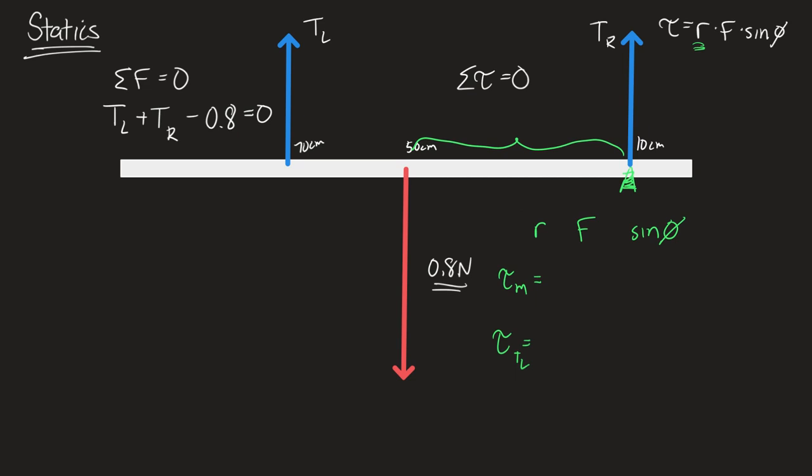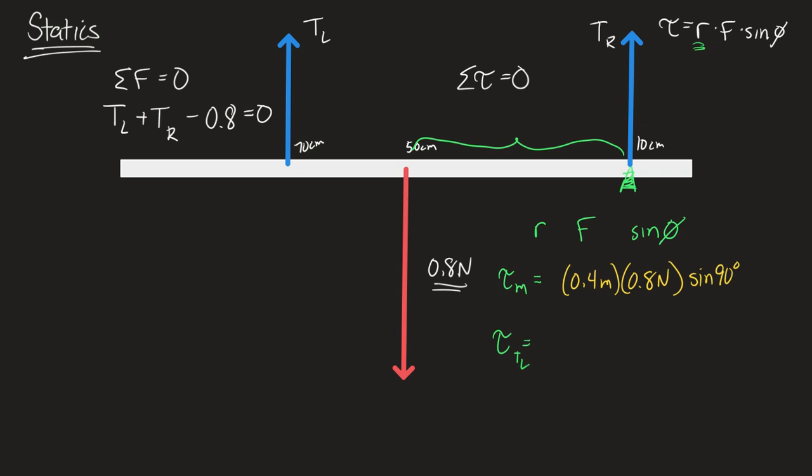I'm going to use meters and kilograms, so that's 0.4 meters. The size of this force, 0.8. It's actually a little less than that, but I'll put 0.8 newtons because that's the weight of the meter stick. And then sine 90 degrees.